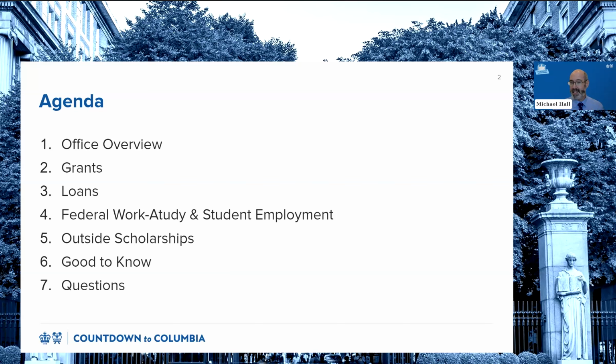We're then going to talk about grants. So that's the nice free money and what happens now. What do you need to do to get the grants going onto the bill and student account and things like that. We'll talk about loans for those who need them. They're not a part of what we put into our financial aid awards initially, but they are certainly available if, as a family, either the student or the parents need some help with the contributions that we're expecting there.